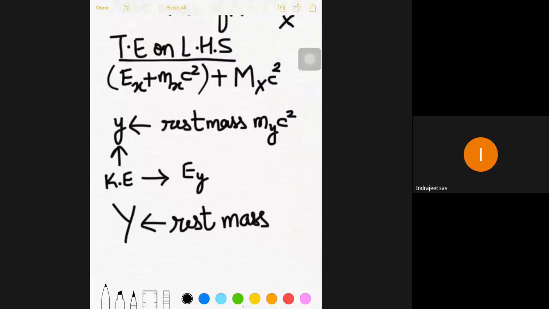The rest mass of the residual nucleus can be given as m capital Y into c square, and its kinetic energy is denoted by E capital Y. Okay, is this understood?